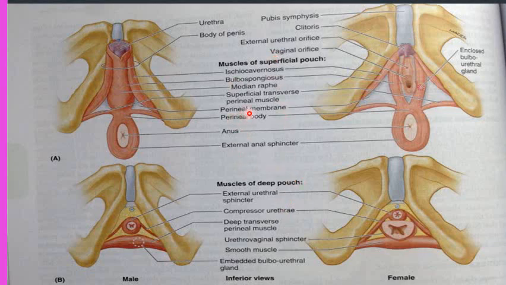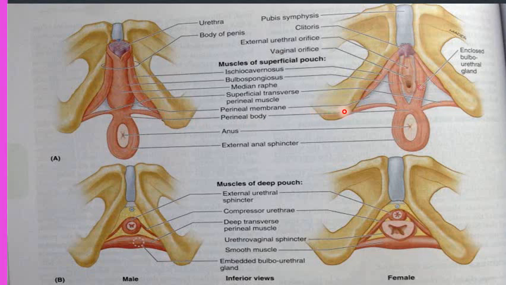So these are showing you the muscular contents in the deep and superficial perineal pouch. In the superficial perineal pouch in the male, you can revise very easily. This is the superficial transverse perineal muscle, same in the male and female, and it is present along the interischial line, lying along the inferior margin of the perineal membrane.